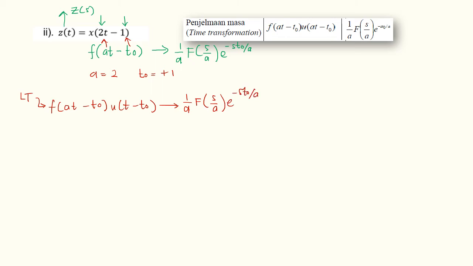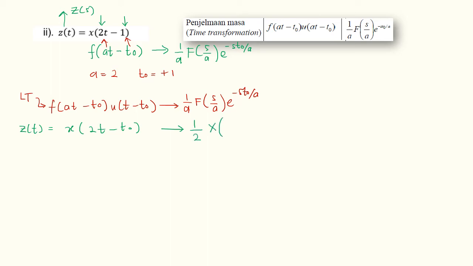So from your equation, you have z(t) equal to x(2t minus t naught), in which you'll produce 1 over a. Your a is positive 2.